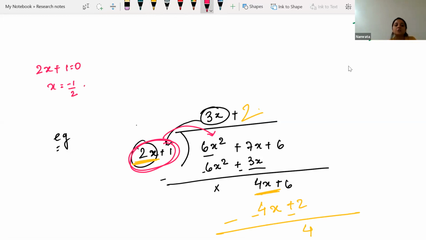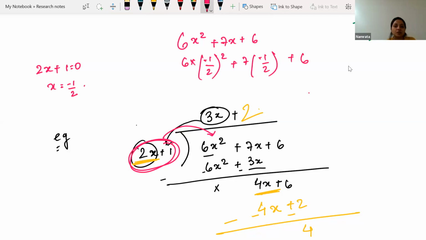If we substitute it in our polynomial 6x square plus 7x plus 6, we get 6 into minus 1 by 2 whole square plus 7 into minus 1 by 2 plus 6. So see what we are getting: 6 into 1 by 4 plus minus 7 by 2 plus 6.